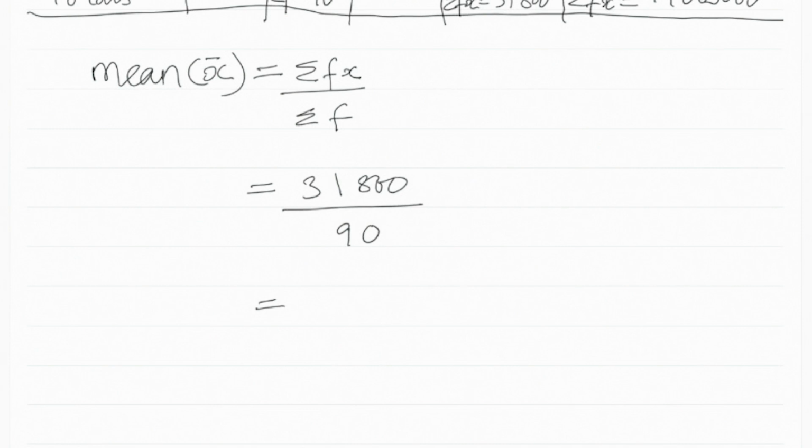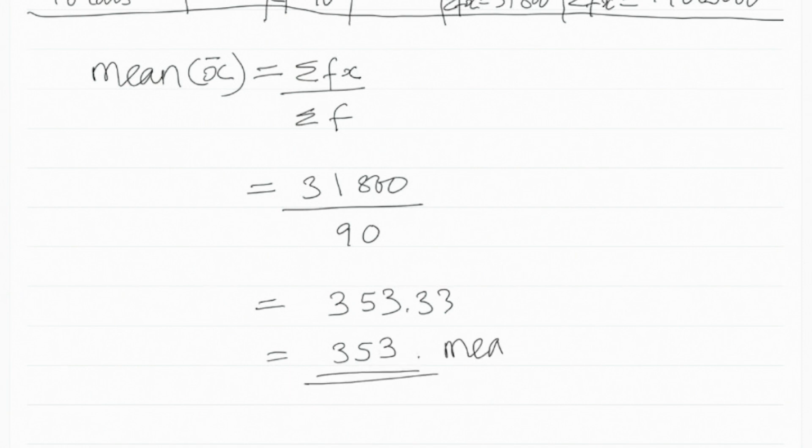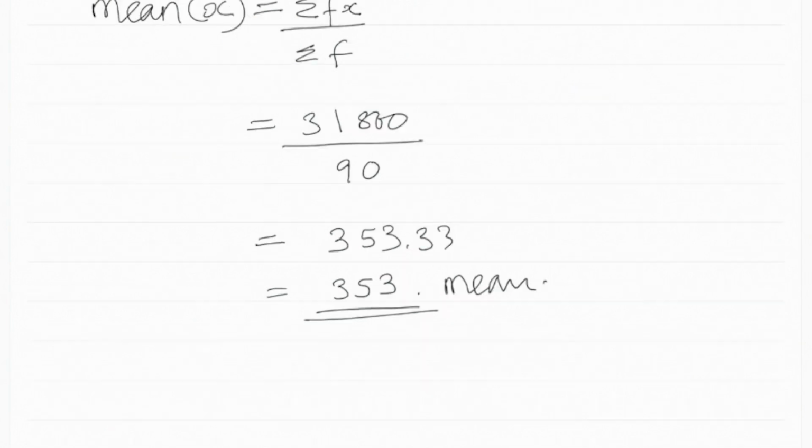And when you divide 31,800 by 90, you are going to have 353.33, but when you round it off, you have 353 as our mean of this group data.